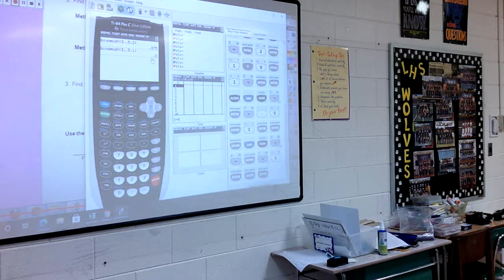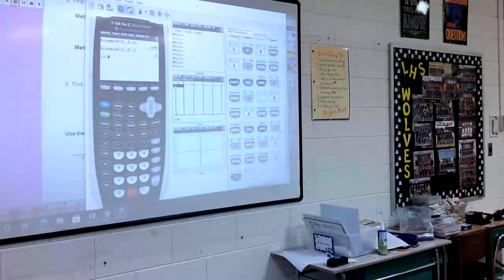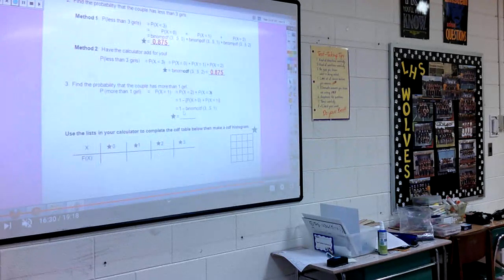So what's the probability that the couple has more than that? It's just 1 minus that. So it's also 0.5 in this scenario. But it would be 1 minus the probability that the couple has 1 or less. That would tell you the probability that the couple has more than 1. So you could do it that way, and that's why you have that 1 minus there. Okay, and that gives you 0.5.